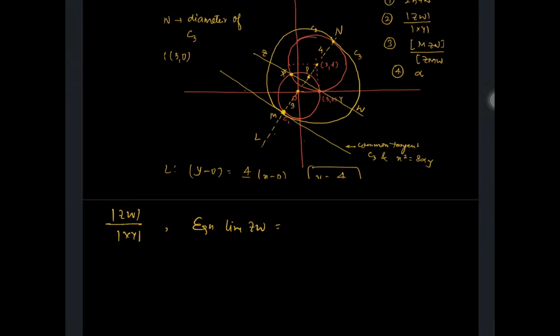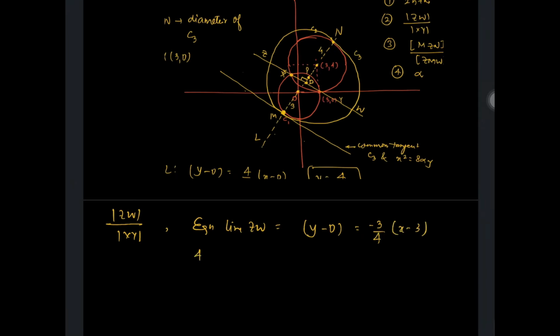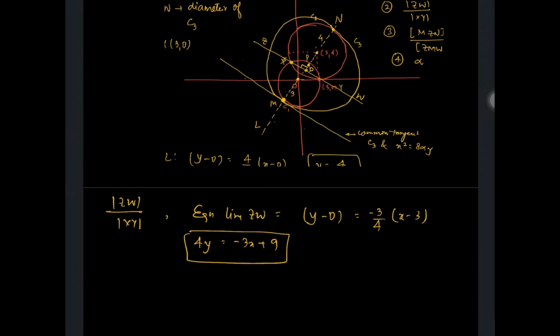See, the ZW line is perpendicular and let it meet at D. Okay, so I can write it is passing through 3, 0, x minus 3. So 4y is minus 3x plus 9 is the equation of line, and y equals 4 by 3 x is the equation of line L.